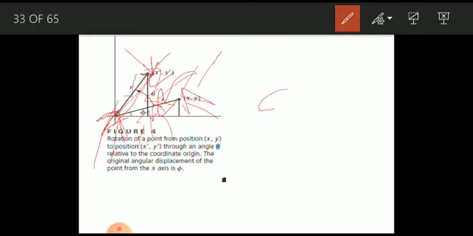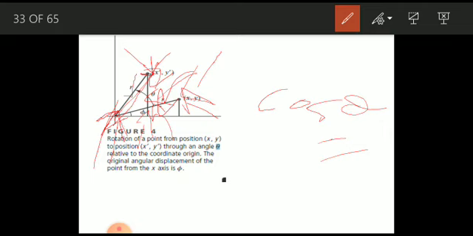What is cos of theta? Anybody who knows the equation for cos theta?